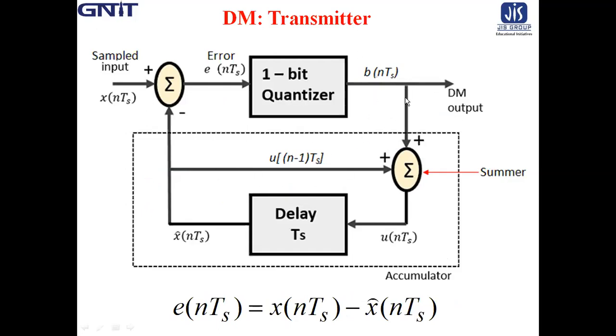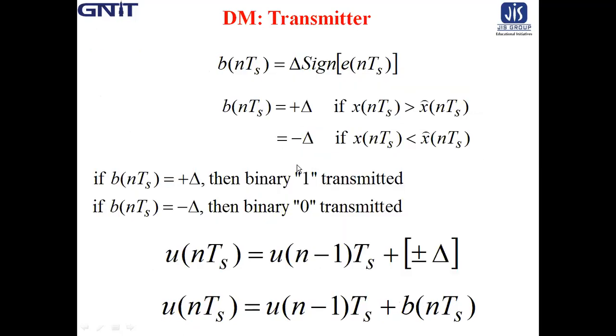So b(nTs) is either plus delta or minus delta, depending on the previous sample value. So u(nTs) is here actually the accumulator section, where the step size is increased or decreased by plus or minus delta. So u(nTs) is equal to u((n-1)Ts) plus b(nTs).